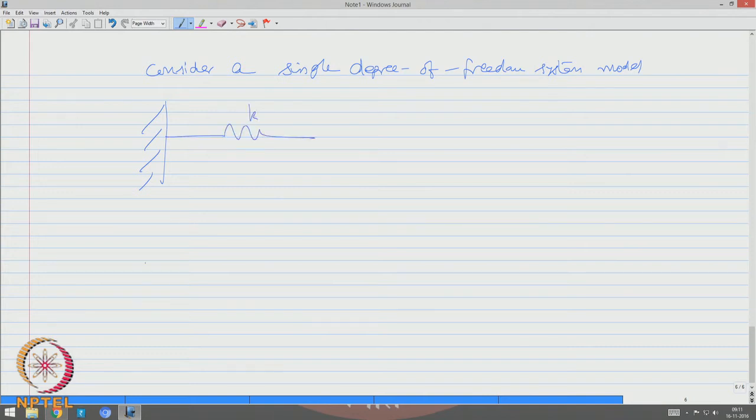So, let us consider a single degree of freedom system model. Let us say I have a model attached with some stiffness spring K and some damper C, and there is a mass attached to this.